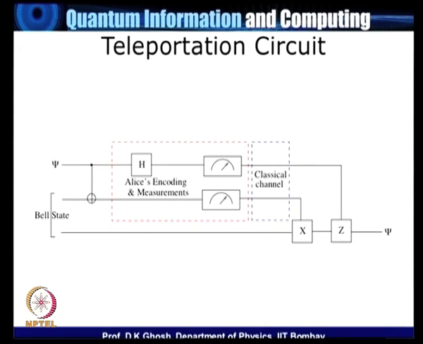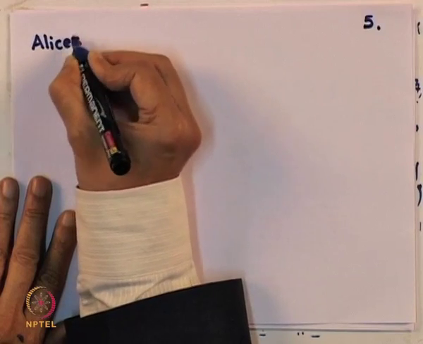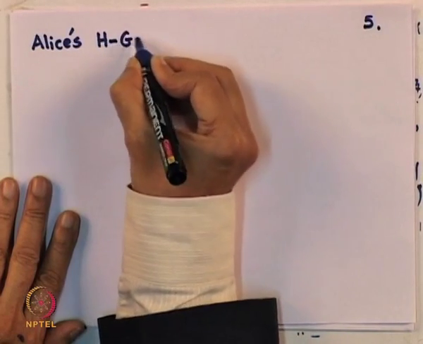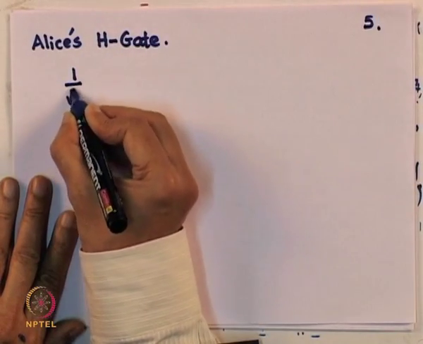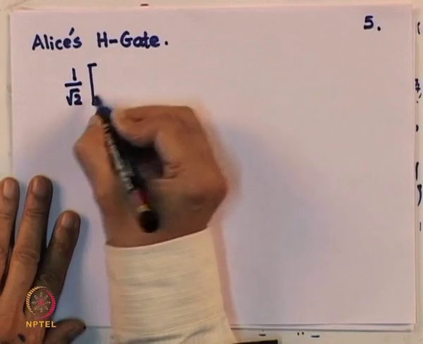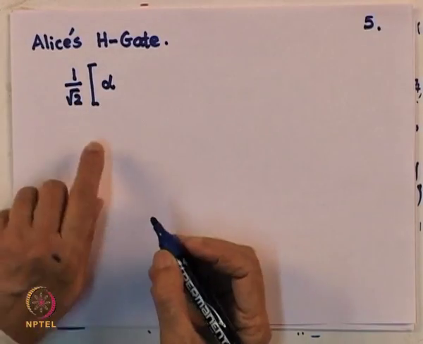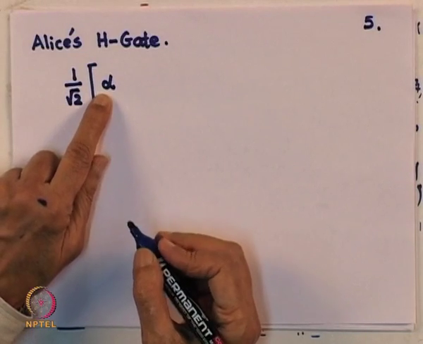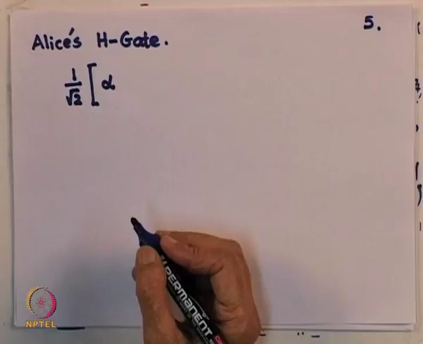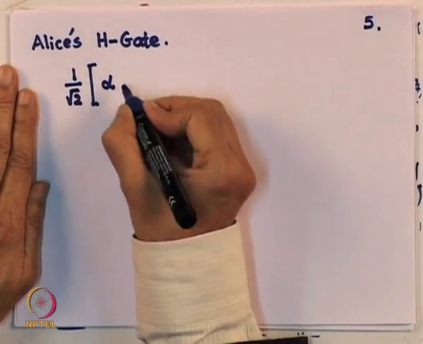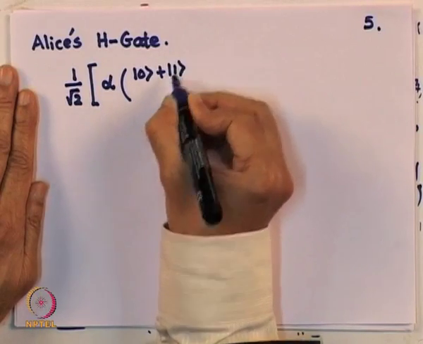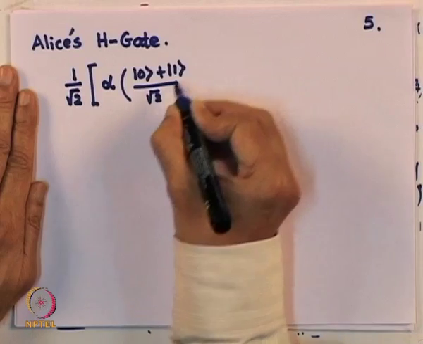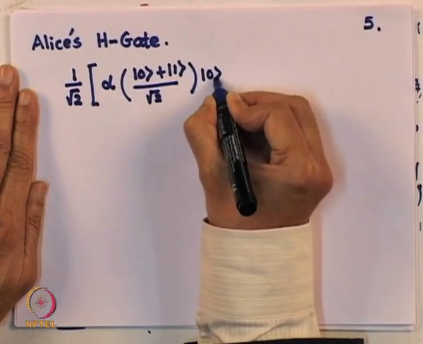So after Alice's Hadamard gate, the state we get is 1 over root 2 alpha. The Hadamard gate is applied on the first qubit. So therefore, it was a 0, so I will get 0 plus 1 by root 2, and the other two are unaffected, so they were 0, 0.